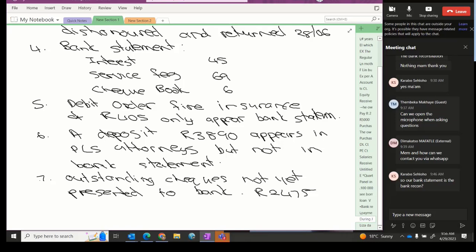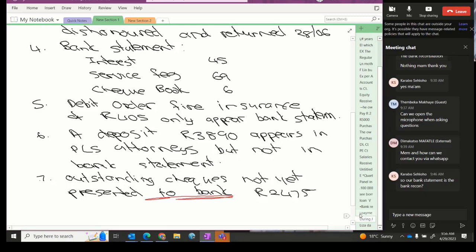So it's a payment you made, but it's not clear through the bank yet. So it's already through your bank account. Actually, you see here, it's not presented to the bank. So we're going to put it under bank reconciliation.